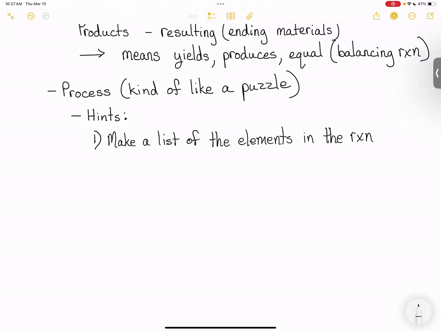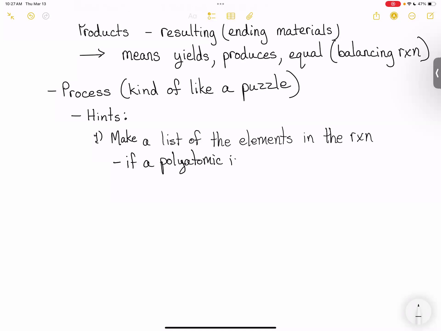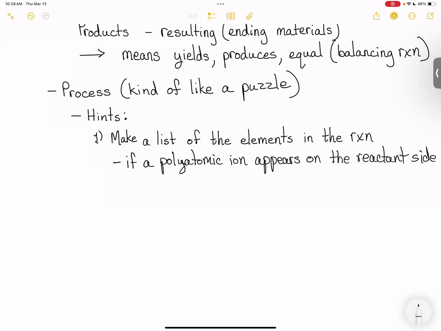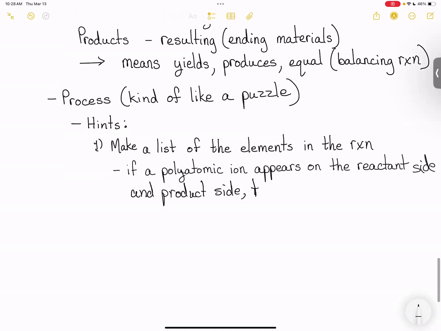Now, when I'm doing this, if a polyatomic ion appears on the reactant side and product side, then keep it as a unit.